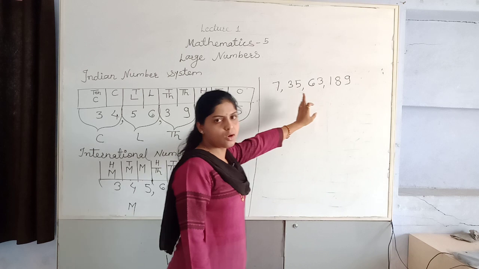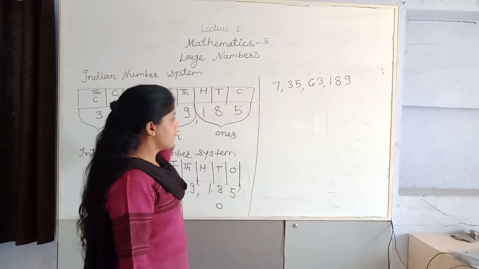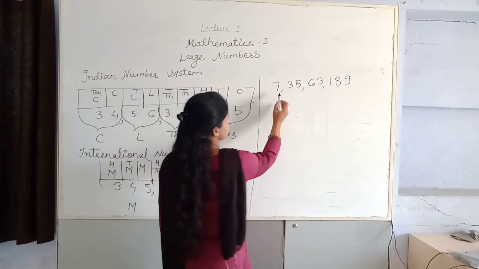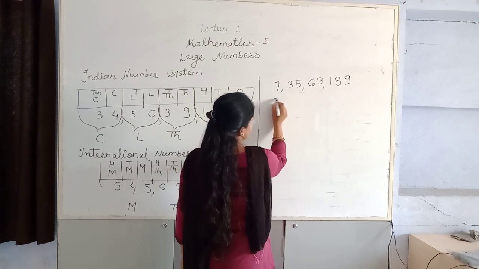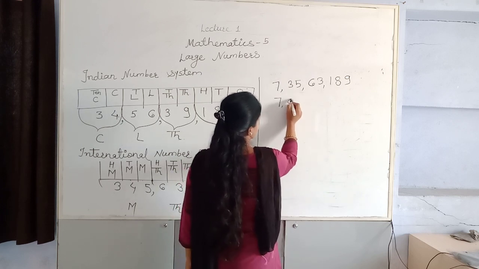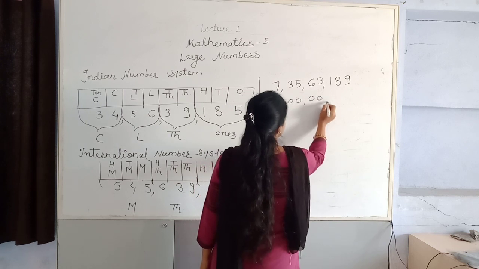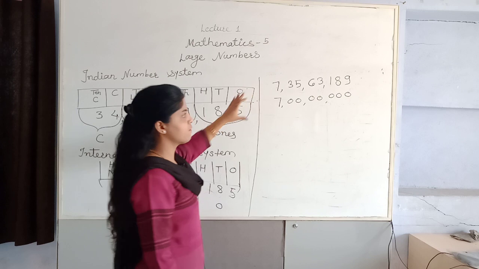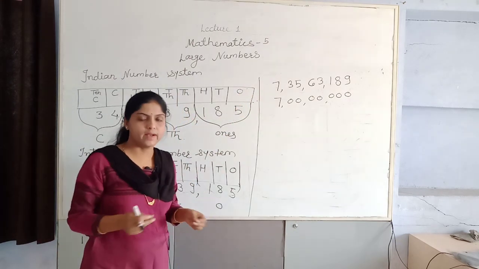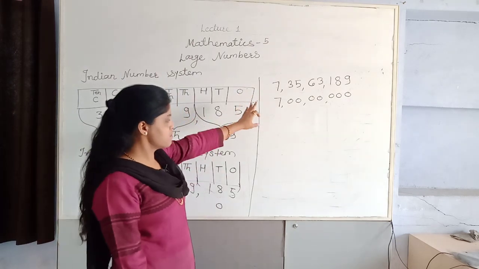If you see the commas, you can understand. Now first we have to see which is the biggest place value. It is the crores place. That means we will write 7 here, and the further digits are 0, because we have to write the expanded form. Expanded form means we have to write the number along with its place value.